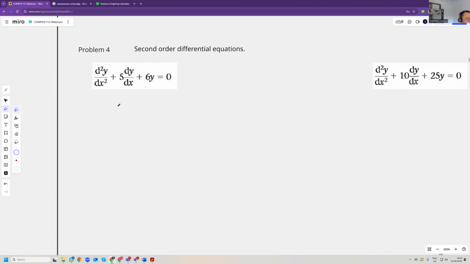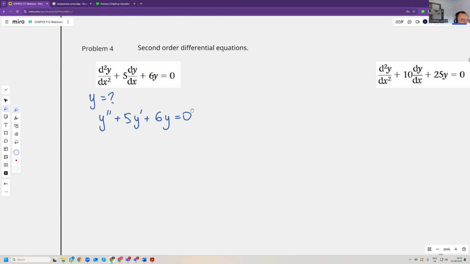So we're looking at a function. What is y if the second derivative of y plus 5 times the first derivative of y plus 6 times y is 0? Okay. It does look like a quadratic equation. And to solve it, we will be using a quadratic equation.